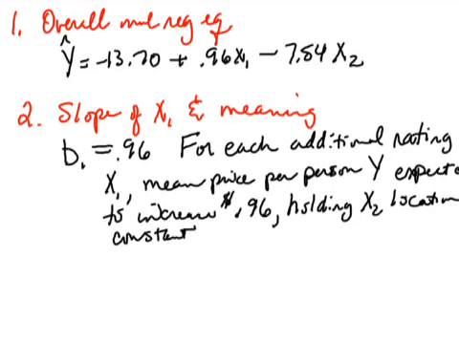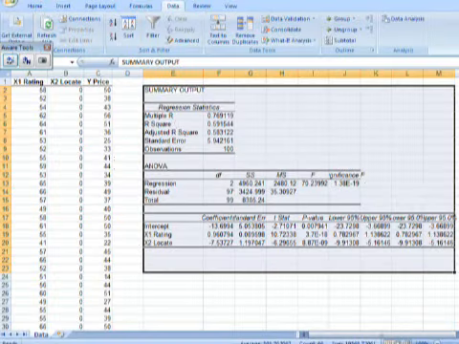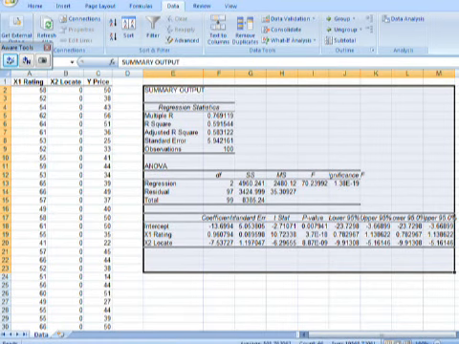Third question from our multiple regression was, what is the proportion of variation in price explained by rating and location? Let's pull Excel back up for a moment, let you look for that. Again, what proportion of variation in price, which is y, is explained by rating, x1, and location, x2? We're looking for r squared, in other words.